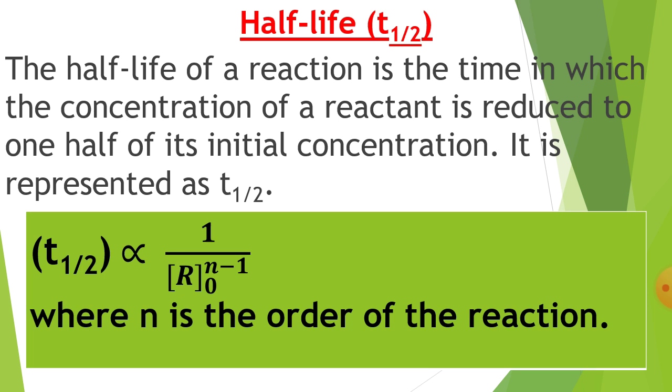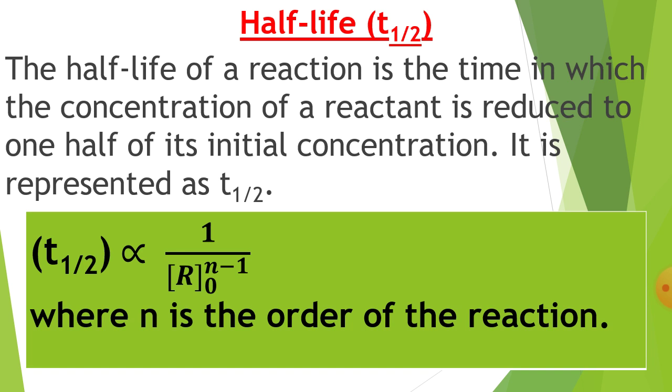T half is directly proportional to 1 by a naught to the power n minus 1. Here n indicates the order of reaction. That is, if n equals 0, that is a zero order reaction, T half is directly proportional to initial concentration, and for n equal to 1, that is a first order reaction, T half is independent of initial concentration.